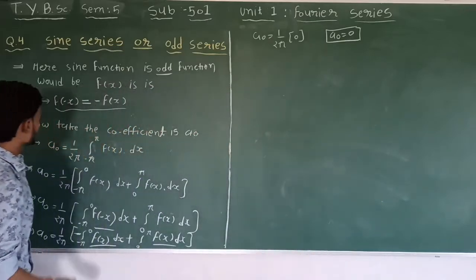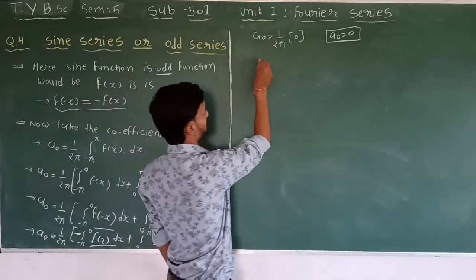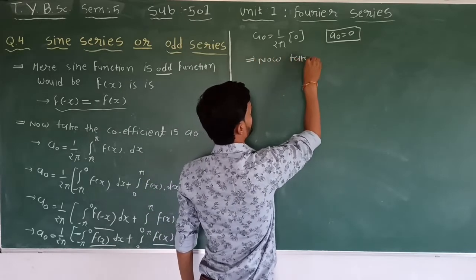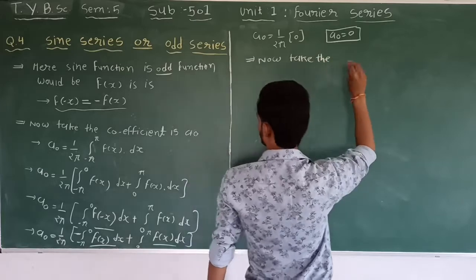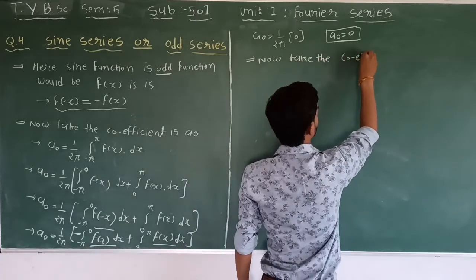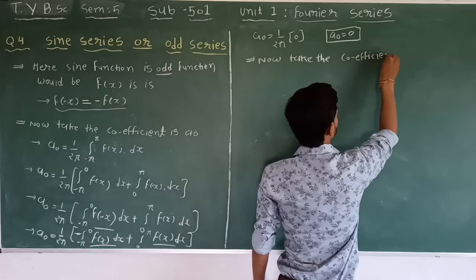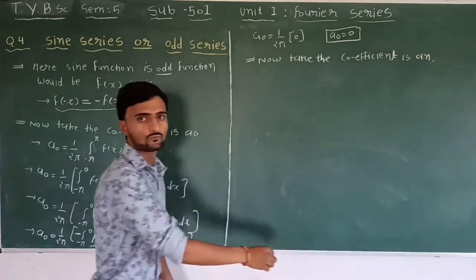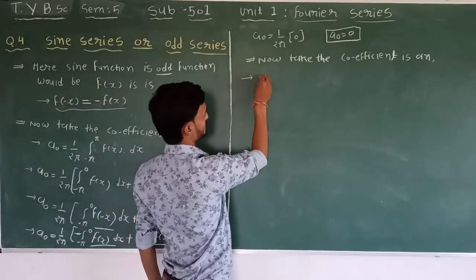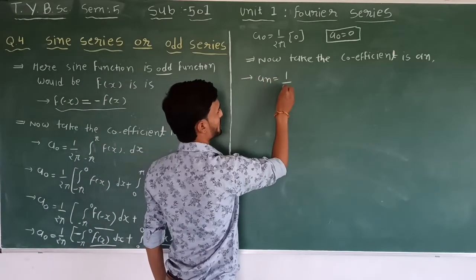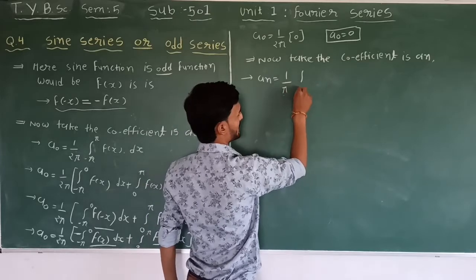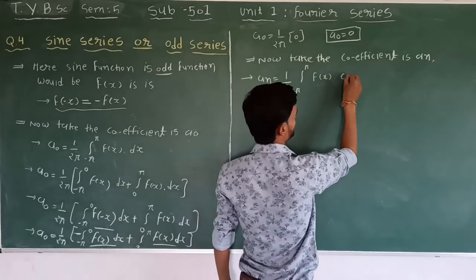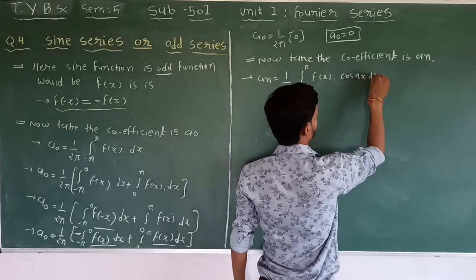Now calculate the coefficient An. The equation of An is 1 upon pi, integral from minus pi to pi of f of x into cos nx dx.